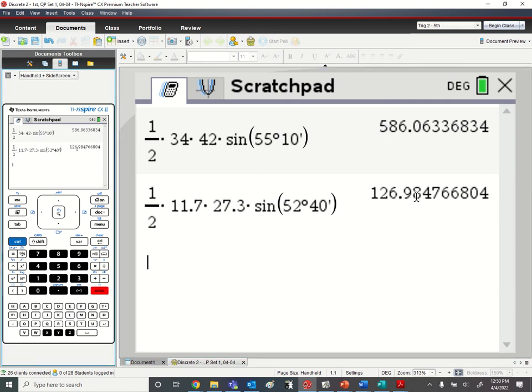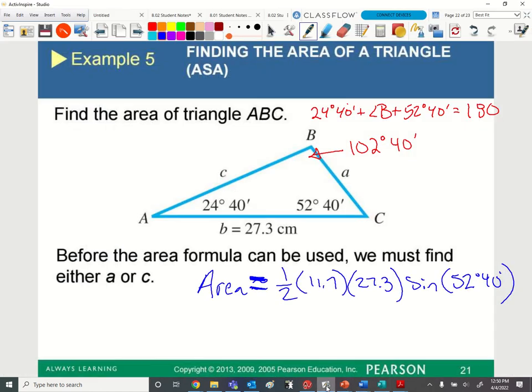So I get 126, actually 127.0, because the 8 is going to make that 9 become a 10. And that makes this 127.0. So my area is about 127.0. My units are going to be centimeters squared.